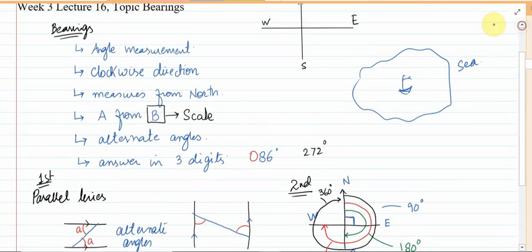Now, all the points you should note down, right? I am going to give you some examples so that you have an idea how we are going to solve bearings.